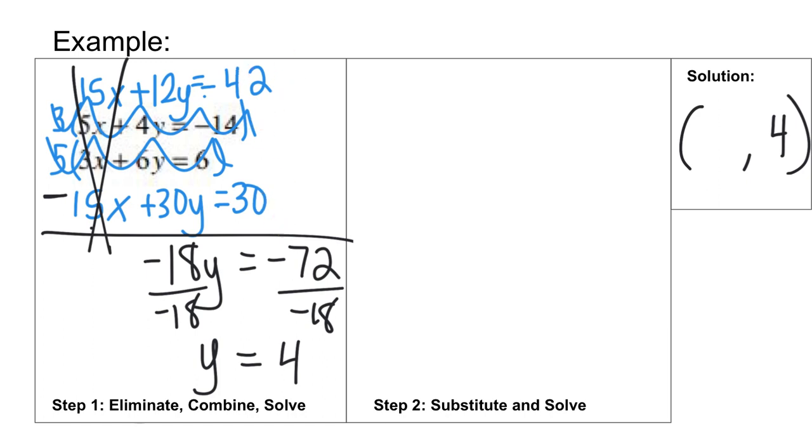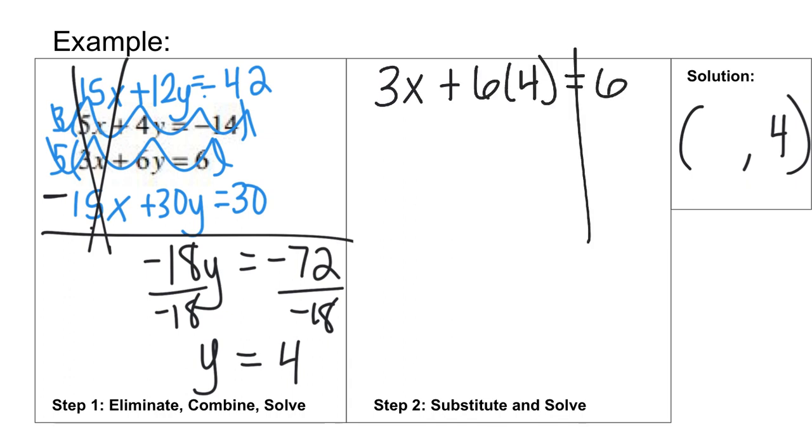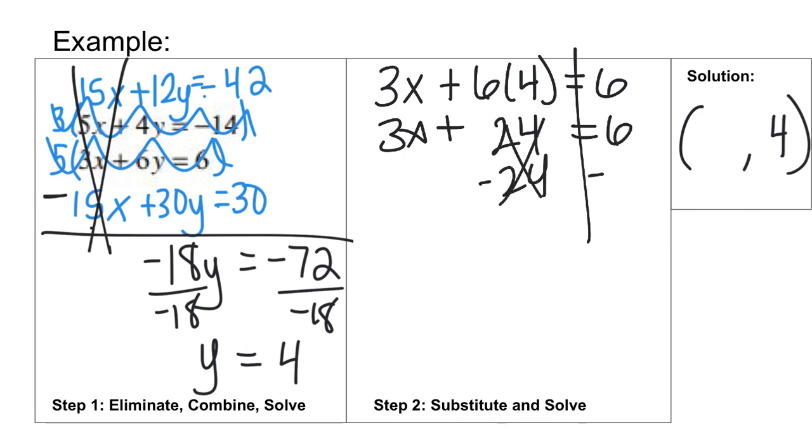So I always just pick the one that looks the simplest, which to me looks like that 3x plus 6y equals 6. And I'm going to sub into that. So 3x plus 6 times 4 equals 6. And I'm going to solve that. 6 times 4 is 24. And I'll subtract 24.